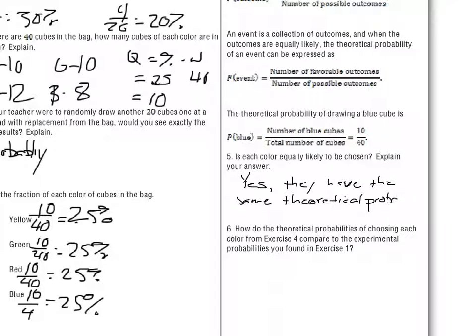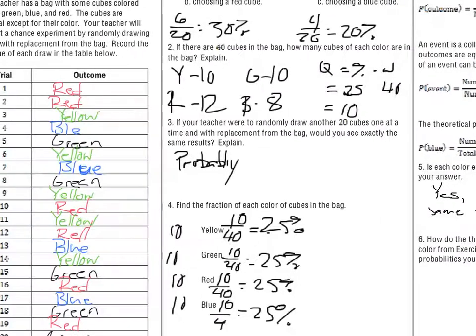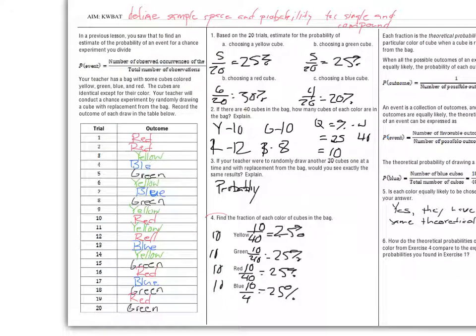And down here at the bottom, we've got one last question using this set of data. It says, how do the theoretical probabilities of choosing the color from exercise 4 compare to the experimental probabilities found in exercise 1? So comparing what we did in 4 to what we did in 1. They aren't exactly the same. They are exactly the same for 2 of them, but they are pretty darn close.